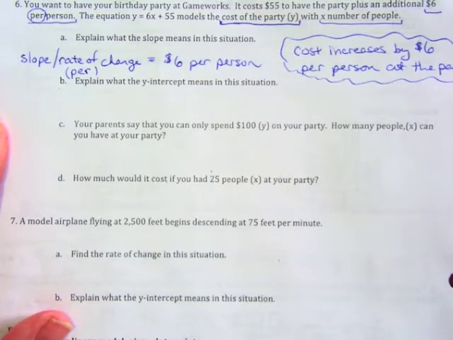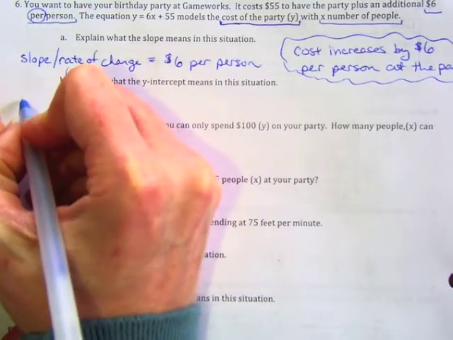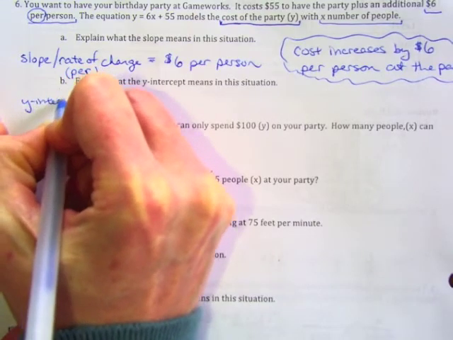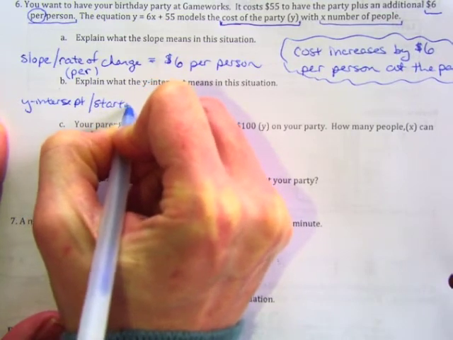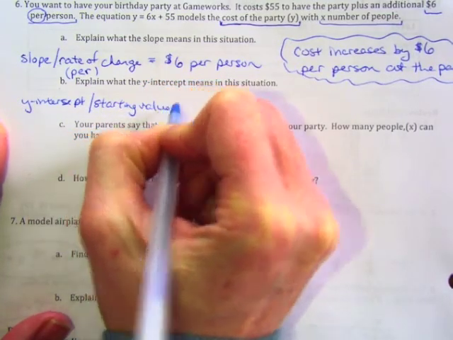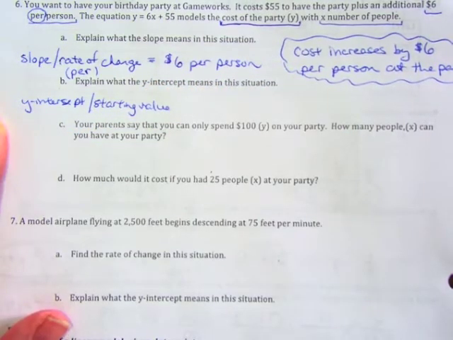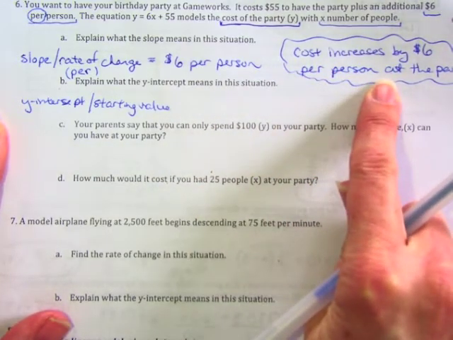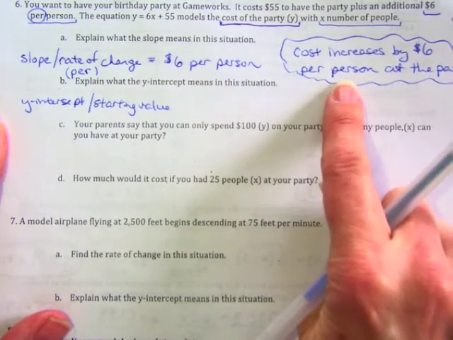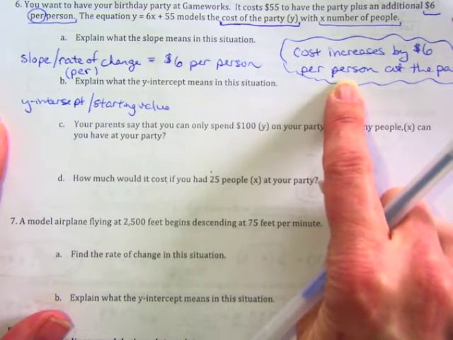Part B asks us to explain what the y-intercept means in this situation. Okay, remember from last class that the y-intercept is the starting value. And so in this scenario, our starting value is the original cost before any increase in cost by the people invited to the party.